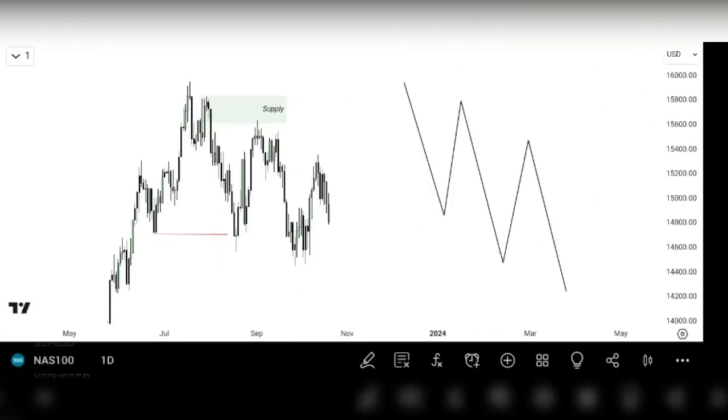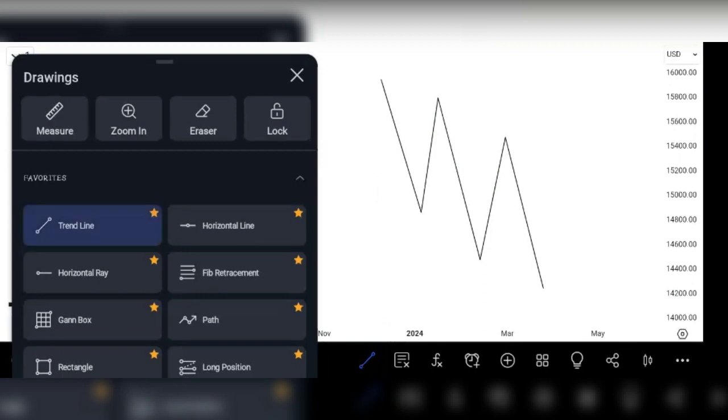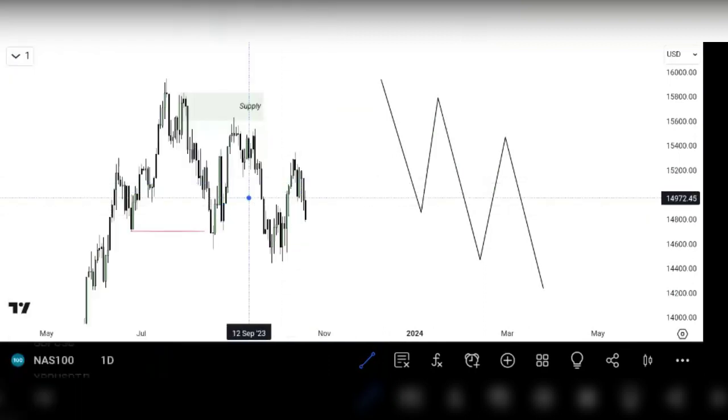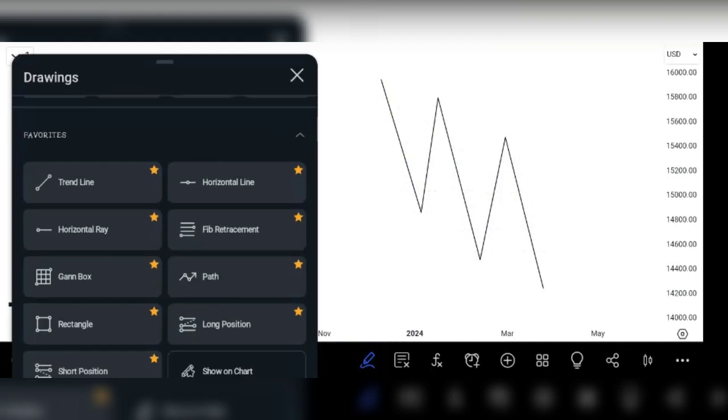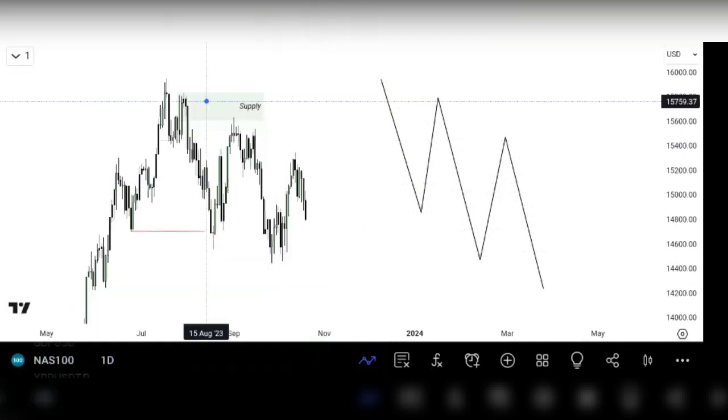Now you can see that joining market structure and demand and supply, we have the structure. When we see that the market is bearish, we know definitely that price will create a series of lower highs and lower lows. After the lower low is formed, then we'll be looking to sell again after a lower high has been formed. Now look at this point.